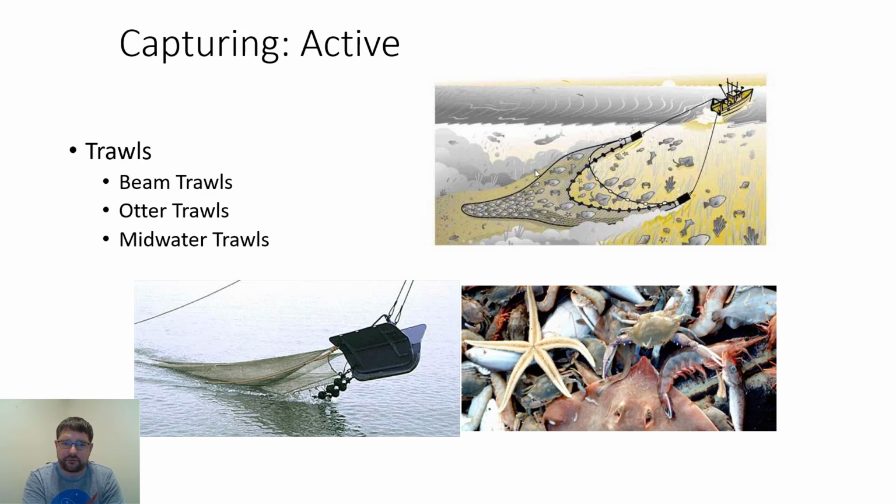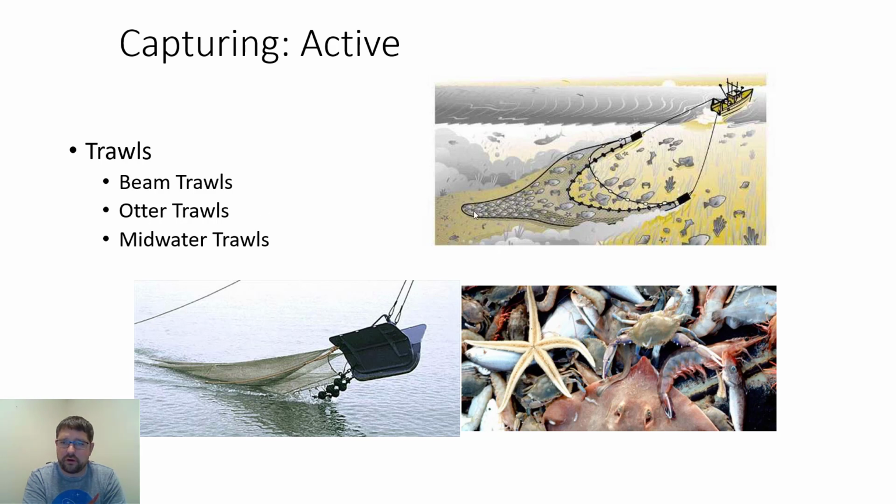If it's called a beam trawl, it will often have these beam boards on each side, which keep the net open, and then a drag line, which is weighted with lead weights typically, and then a float line that goes across the top. And this is dragged across the bottom, and it's capturing all the organisms in that region.